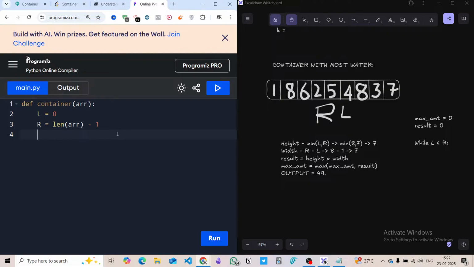Then max amount is equal to 0. So this is also 0.